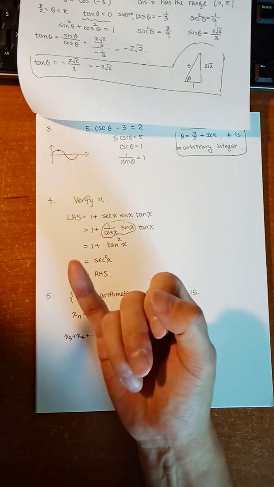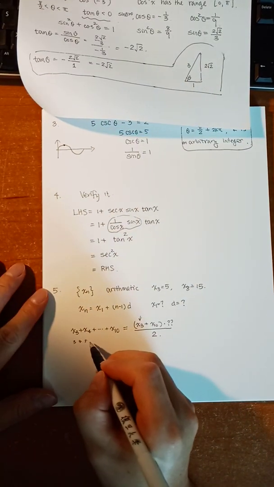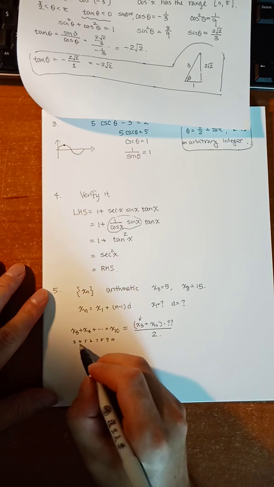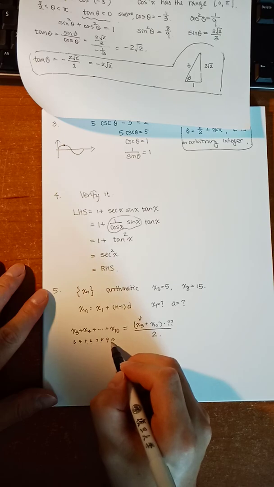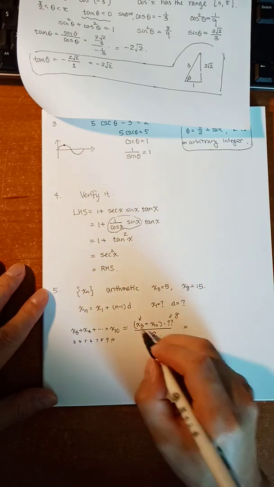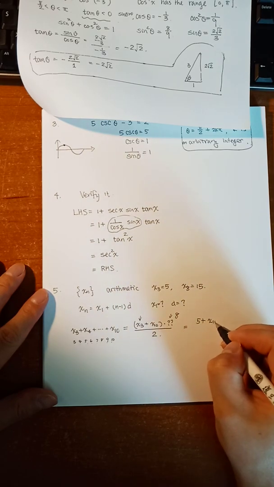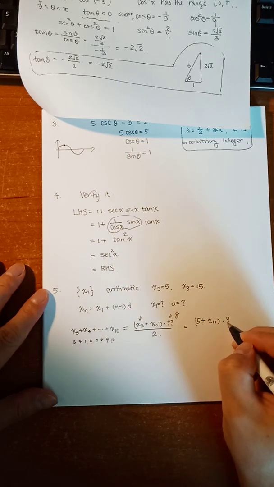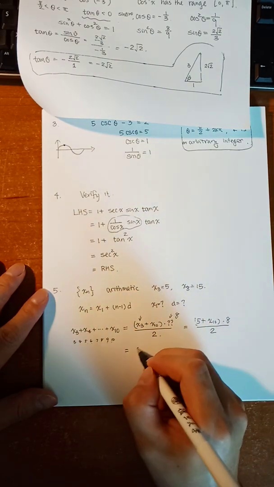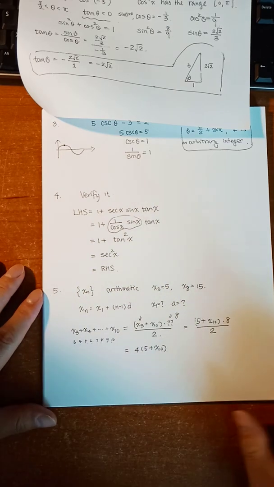Let's check. 3, 4, 5, 6, 7, 8, 9, 10. 1, 2, 3, 4, 5, 6, 7, 8. There are 8 numbers, so n is 8. x3 is 5. x10 I don't know, it's not given, so let's put it here. Times 8 over 2, so it is equal to 4 times 5 plus x10. So we need to figure out what x10 is.